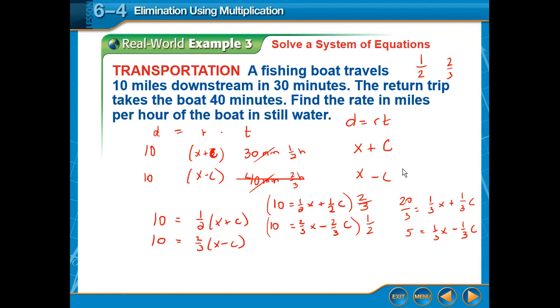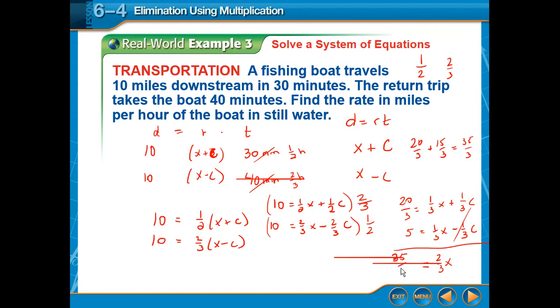So now if I were to add these two equations together, those c's are set up to cancel. So positive 1/3 and negative 1/3. So they cancel, and I get 2/3 x, and 5 plus 20 over 3, so 20 over 3 plus 15 over 3 is the same thing as 5. So now I have a common denominator, so I'm going to get 35 over 3.